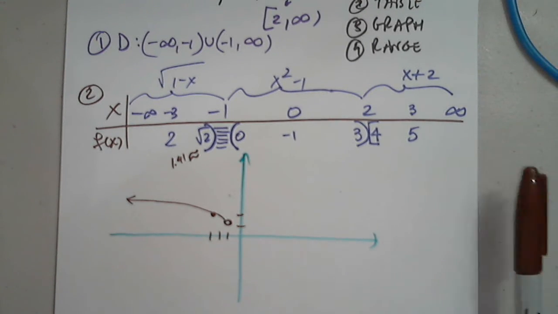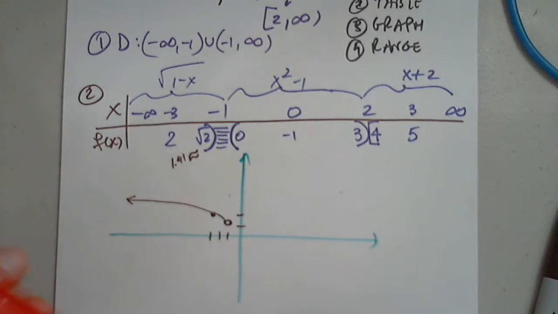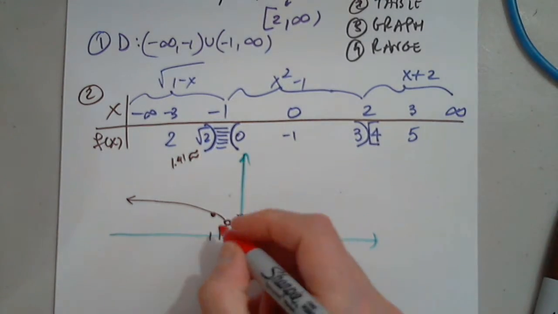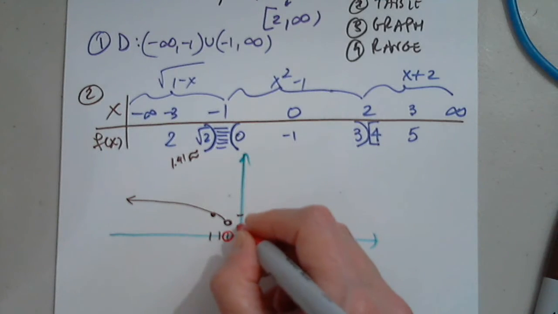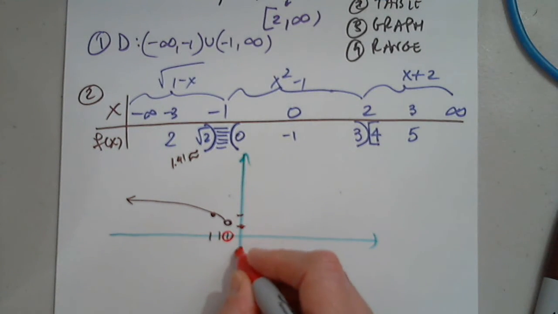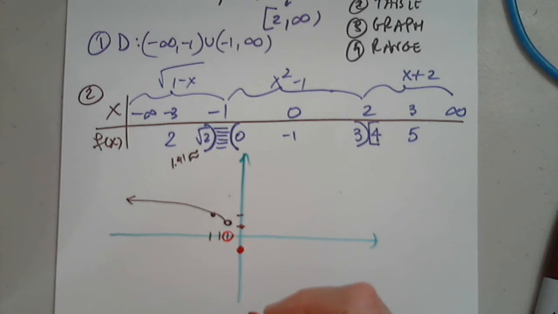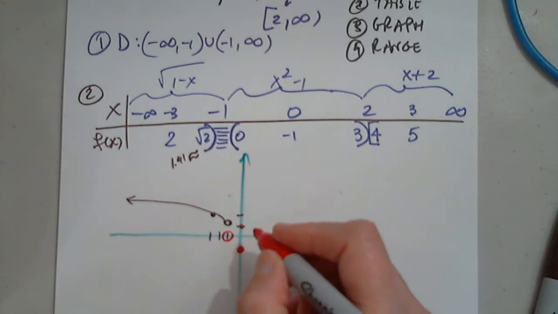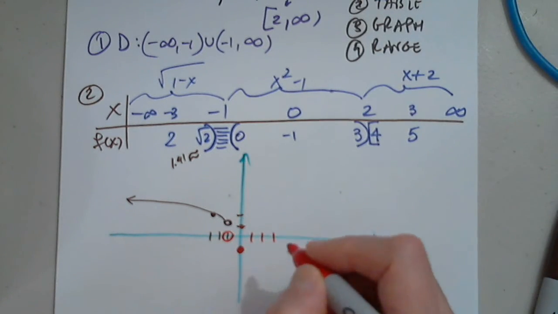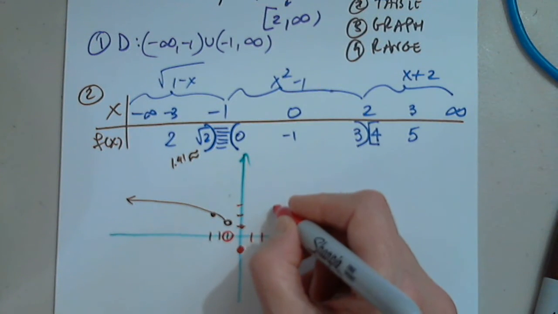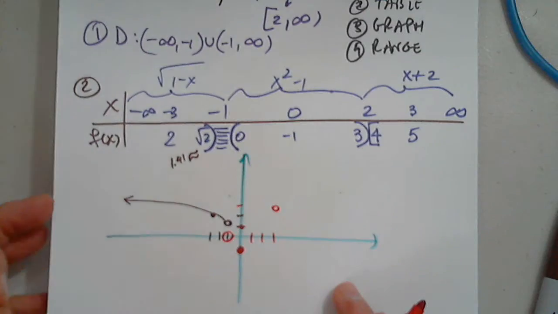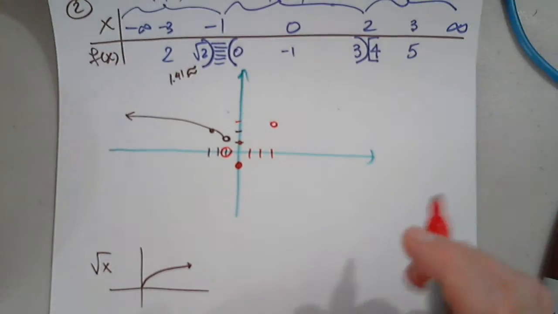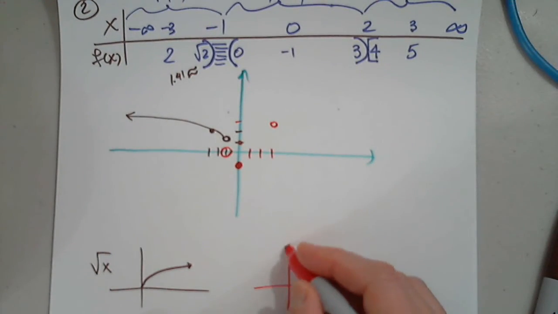Now red, -1, 0. Still an open point. I'm sorry, 0, -1. And 2, 3. And that's also an open point. Now I have to remember how to graph this function, because the x squared function, when we talked about it, looks like this.